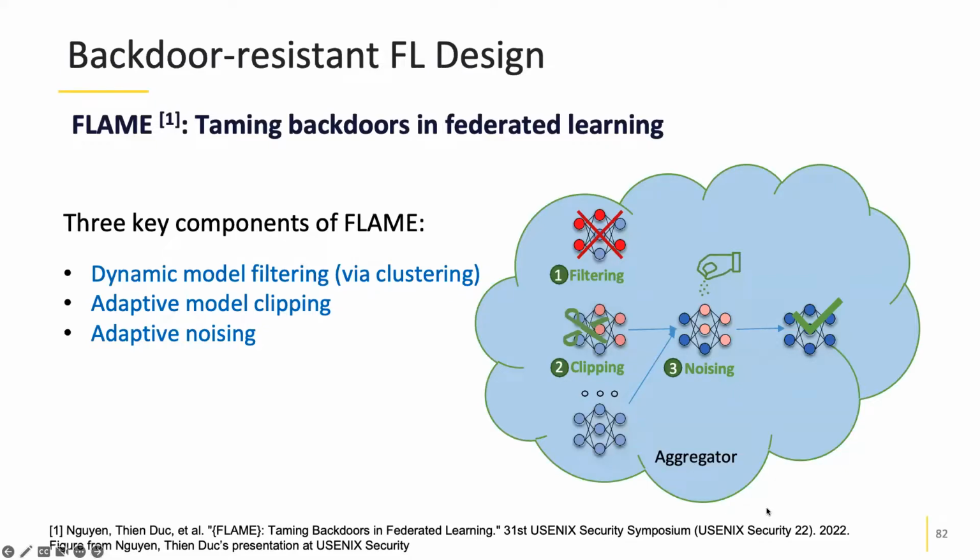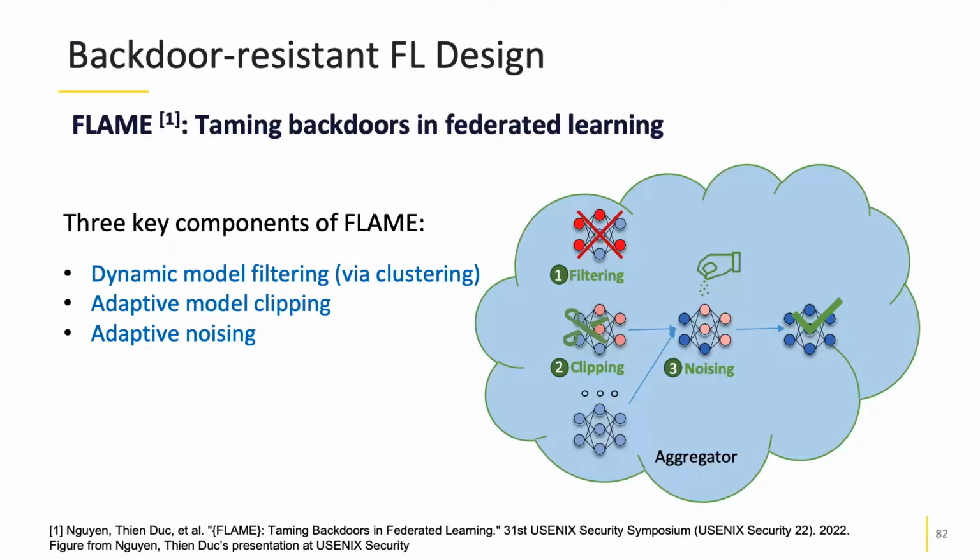FLAME has three key components. The first defense module in FLAME is dynamic model clustering. This module deploys HDBSCAN clustering to identify the majority cluster of local updates and filter out the suspicious ones.